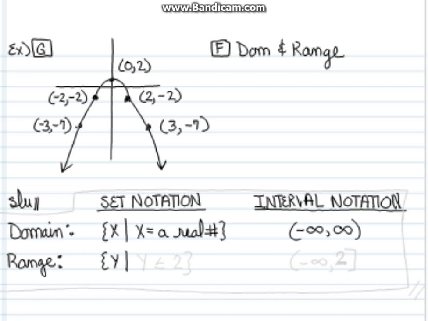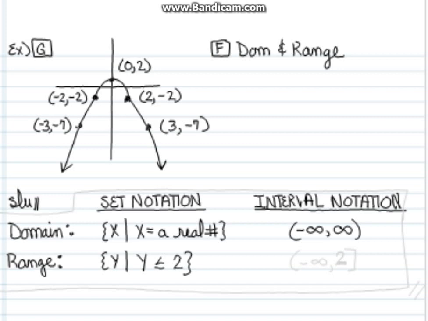So we're going to continue writing set notation, and we're going to indicate all the y values starting the smallest at negative infinity and then going all the way up and including positive 2. How would we write that in set notation? You would say y is less than or equal to the number positive 2 and close your curly set bracket.